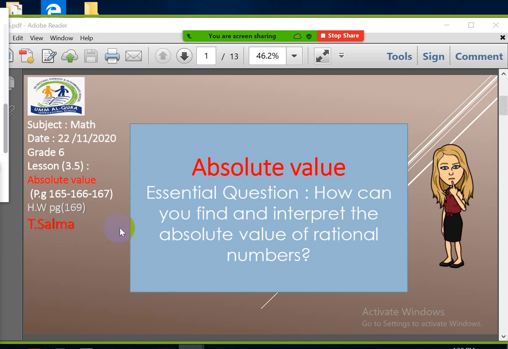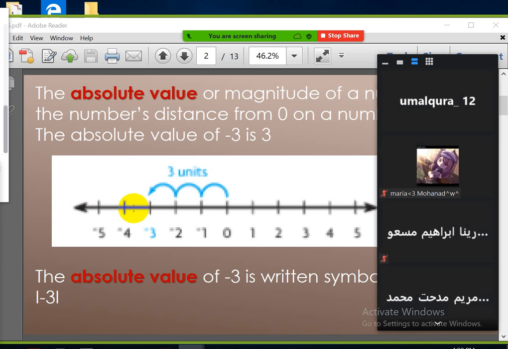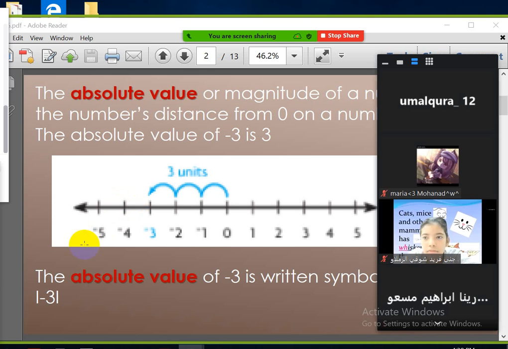Let's start. What is the absolute value? I want you to understand and know what the absolute value is. The absolute value, or as it is named in mathematics, the magnitude of a number, or the absolute value of a number.